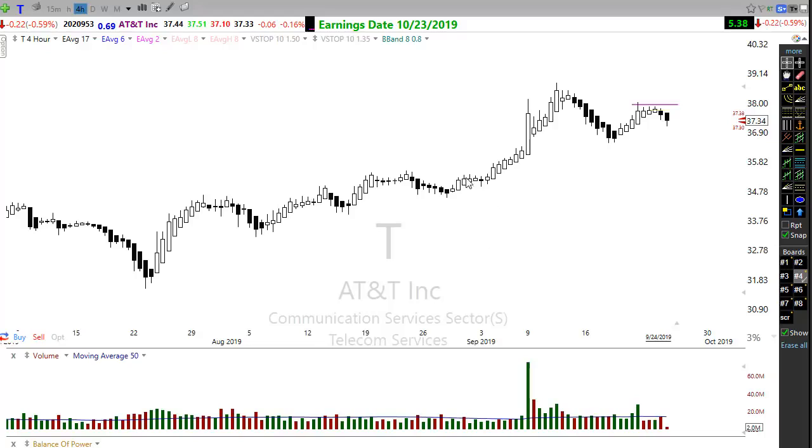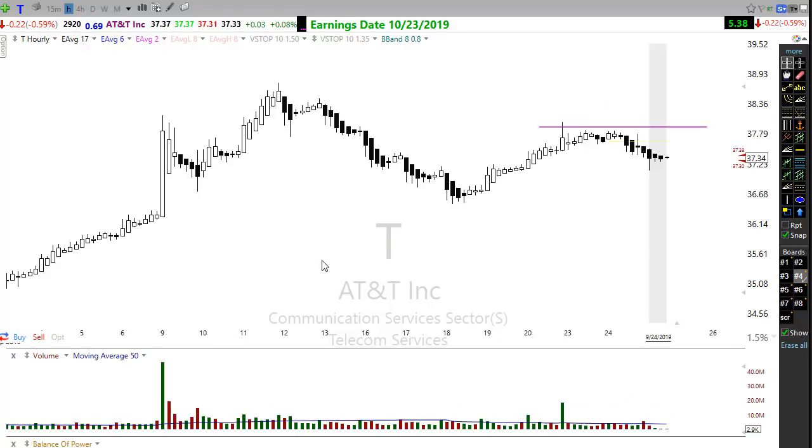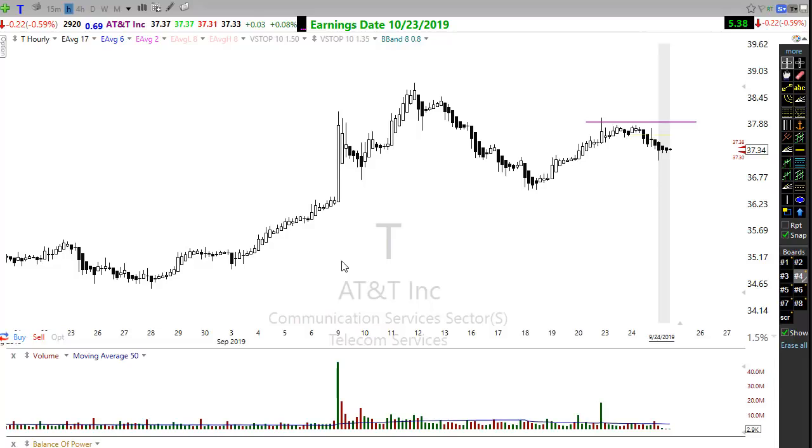Now, keep in mind that the Heikin-Ashi candle on a 4-hour chart is averaging two 4-hour time periods. If you use an hourly chart, it's going to be the same thing, and it's going to average two 1-hour time periods to get that smoothing effect in the chart.